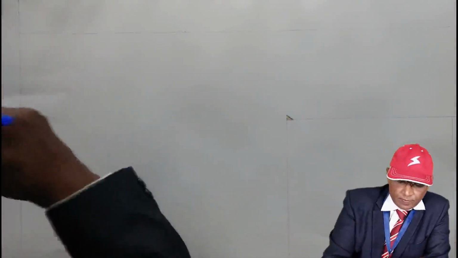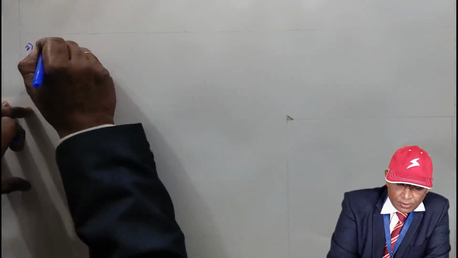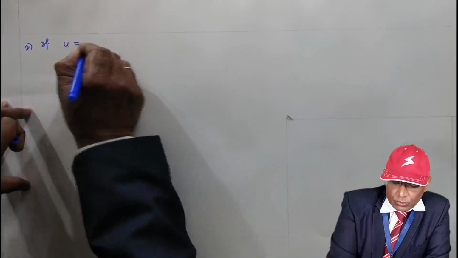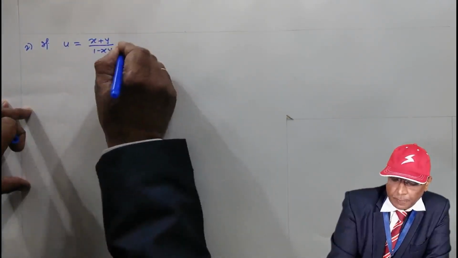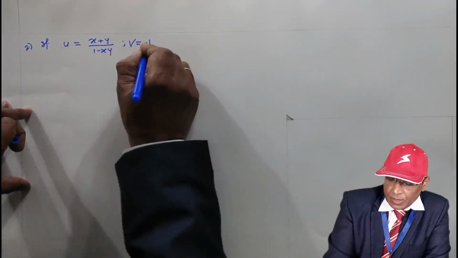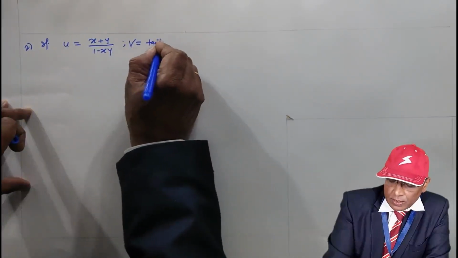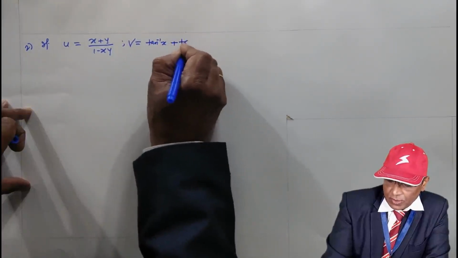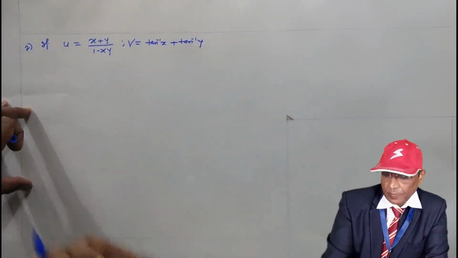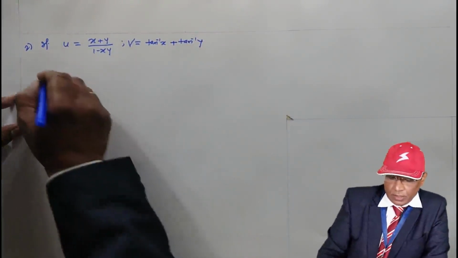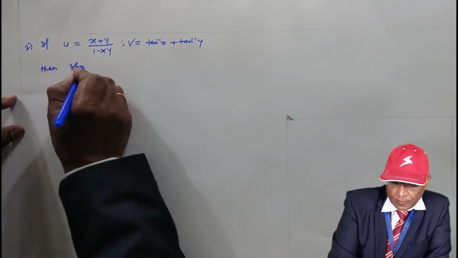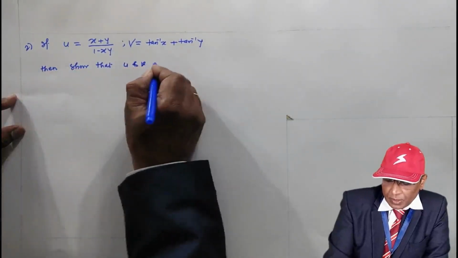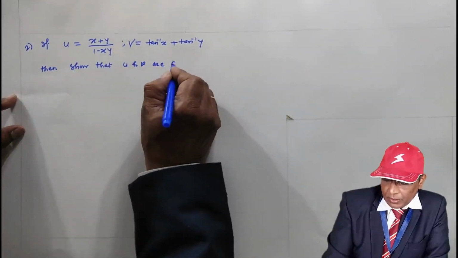Say, if u is equal to x plus y by 1 minus xy and v equals tan inverse x plus tan inverse y, then show that u and v are functionally dependent.